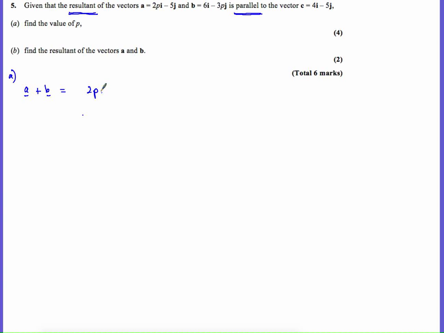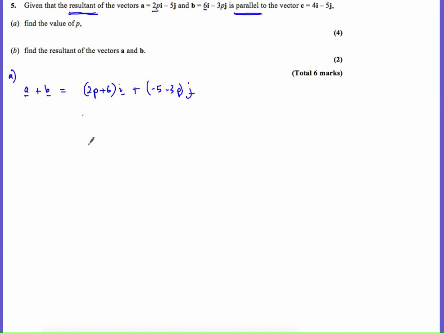So I've got 2p plus 6 i's, just adding them together. And I need to add my j's together. I've got minus 5j there, minus 3pj there. Anyway, so that's the resultant. That's my vector. It's pretty ugly because we've got lots of letters in there that you're probably not too keen on, but that's the resultant of A and B.